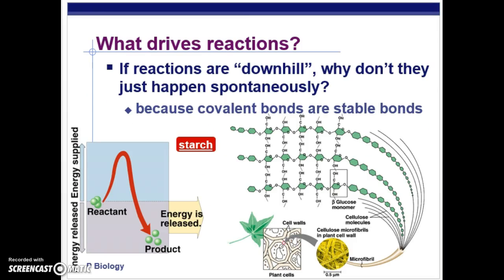So if reactions are downhill, why aren't they just happening spontaneously? They actually can occur without an input of energy, although they usually are not going to occur very quickly. There are some spontaneous processes that don't require much energy, like an explosion, which can be instantaneous.